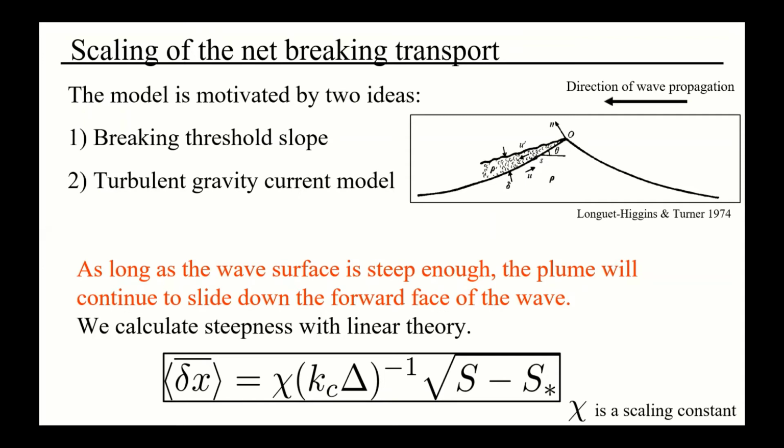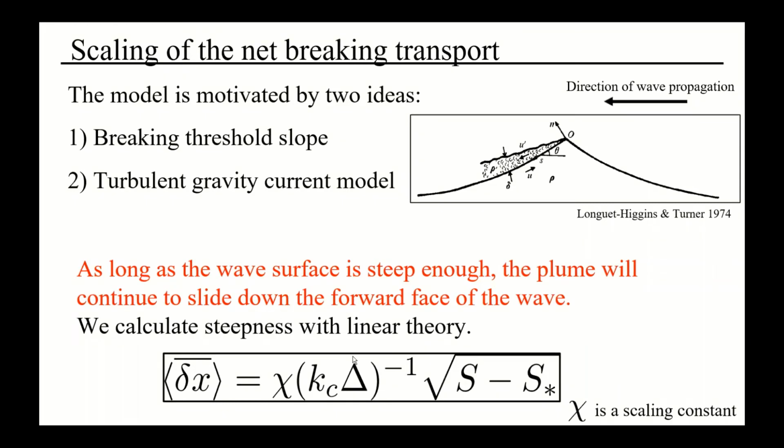So the width of the breaking region is determined by the focusing of the wave packet, basically. So when we apply that reasoning here, and we say that the width of the breaking region is the appropriate length scale for the transport, then we get this formula for the net transport's dependence on the central wave number, the bandwidth, the slope, and the breaking threshold slope.